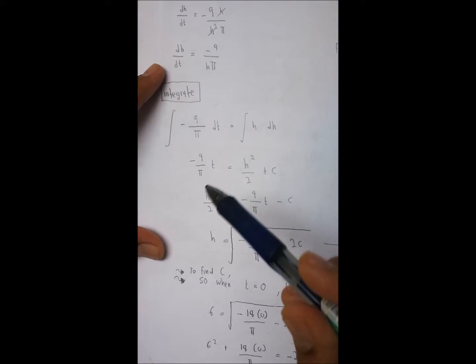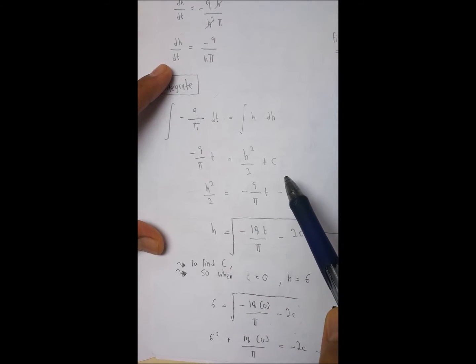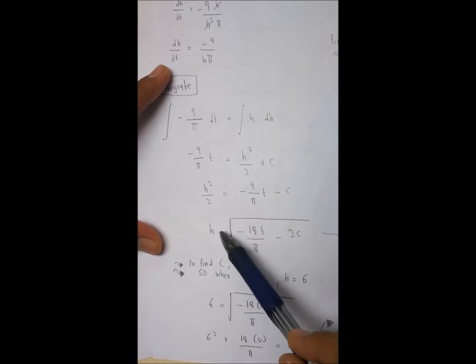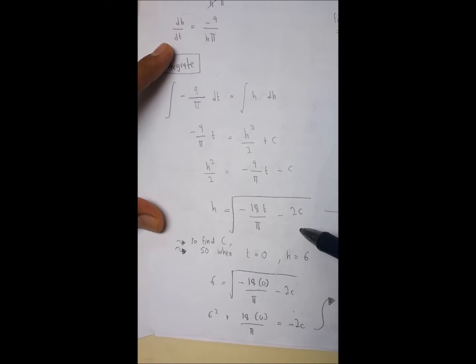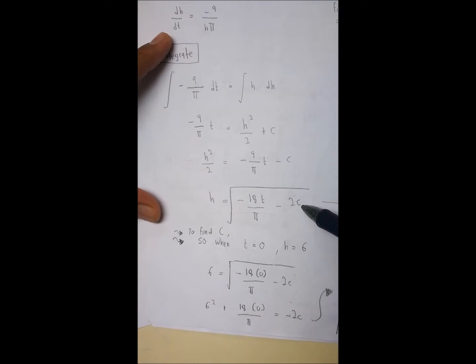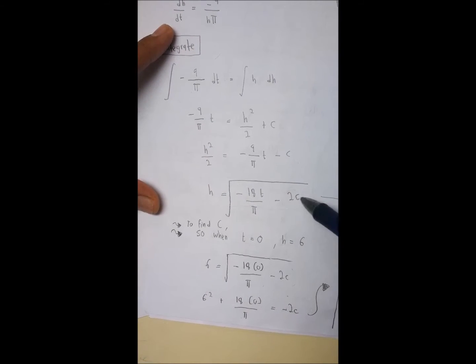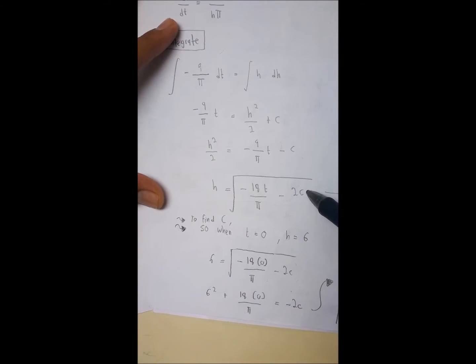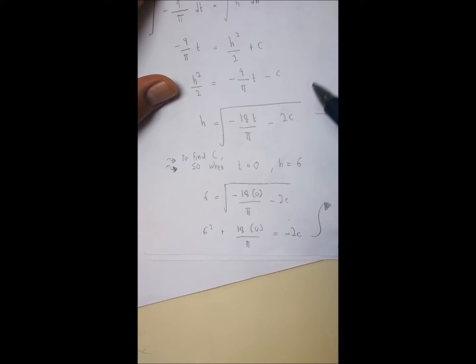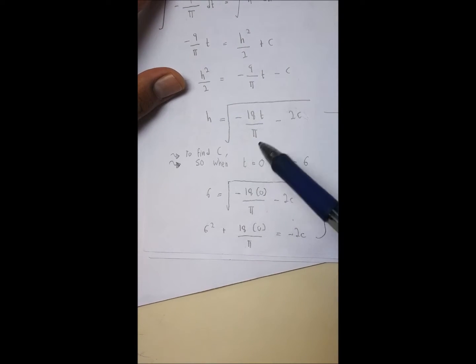After the integration, we've got a new equation of h, but there is the c, the constant value here. To solve the value of c, we don't want to have another constant here, so we are going to substitute some values into the equation.